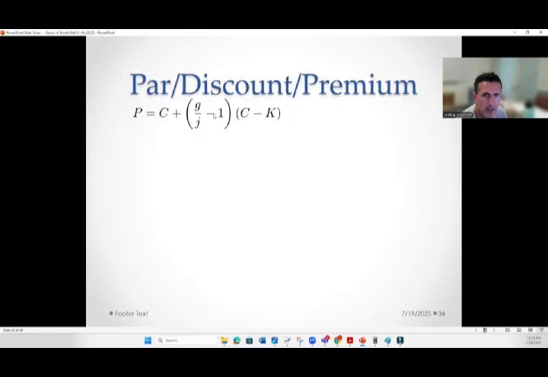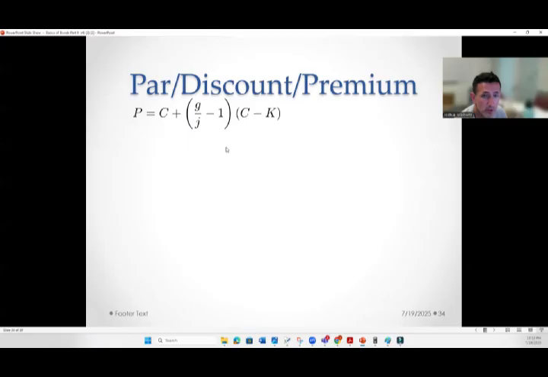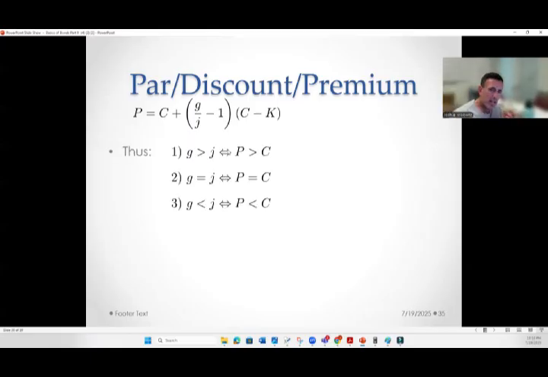Well, you have this C, and then you do C minus C plus K, which is just K. So you get K plus G over J, C minus K. This gives us exactly when the price is bigger than redemption, equal to redemption, or less than redemption. It's exactly what I did before.